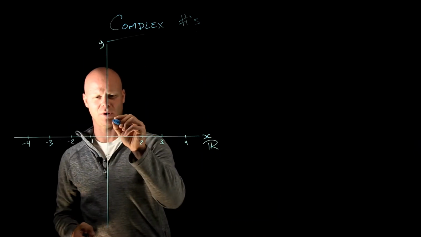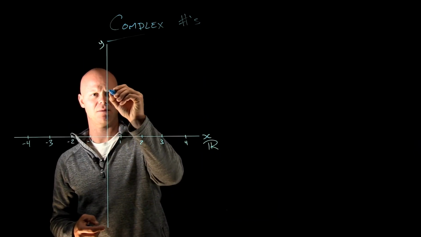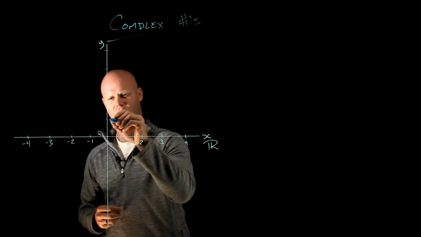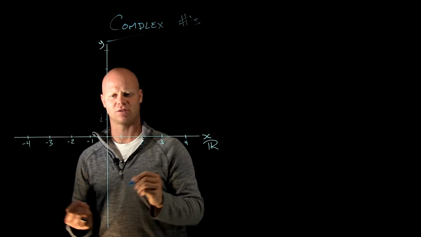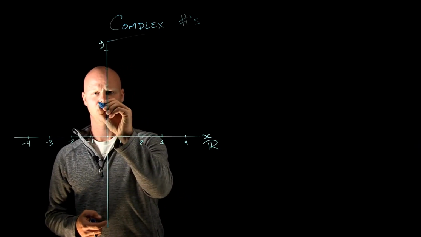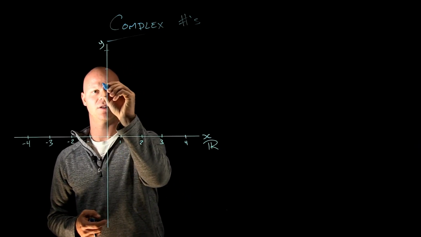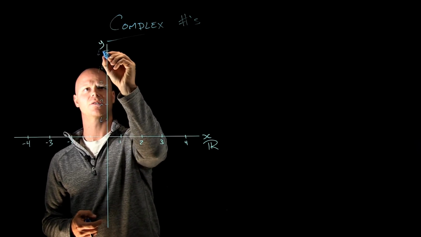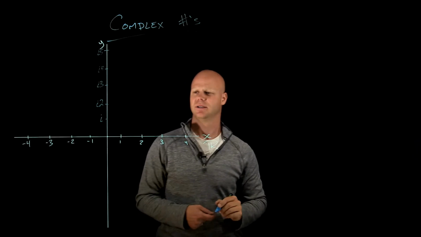So now when we move vertical, using the same scale, we introduce what is seen as i. So that would be 1i, this would be 2i, this would be 3i, this would be 4i, and this would be 5i.